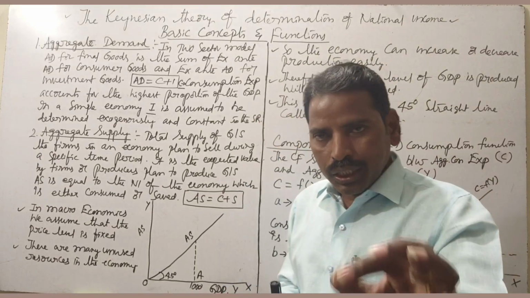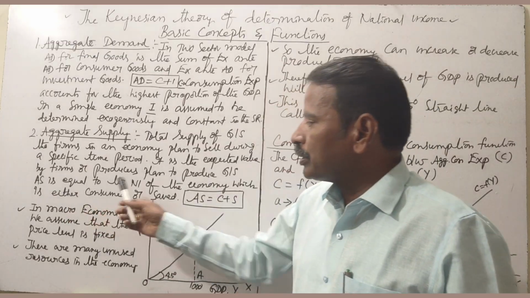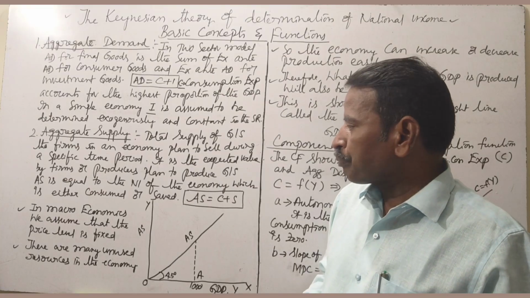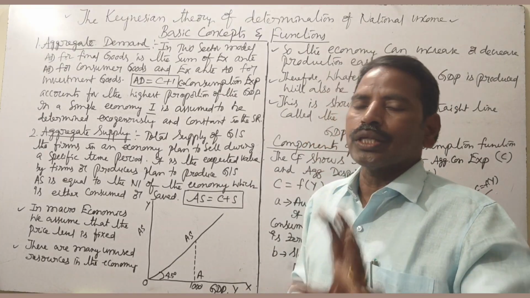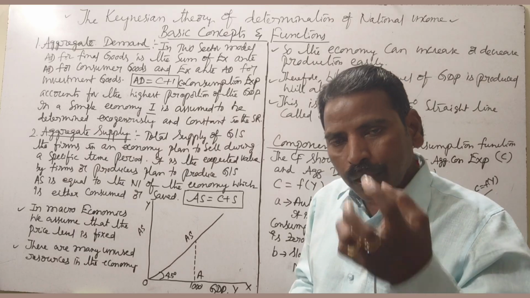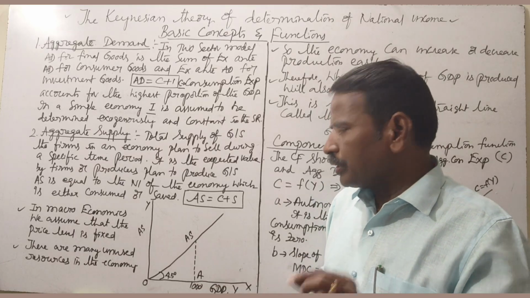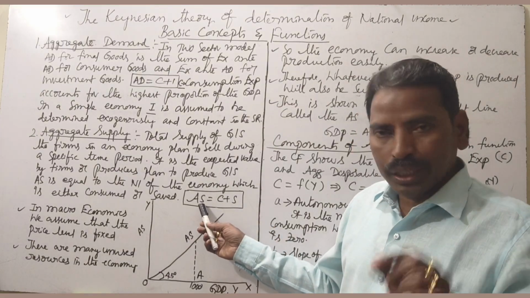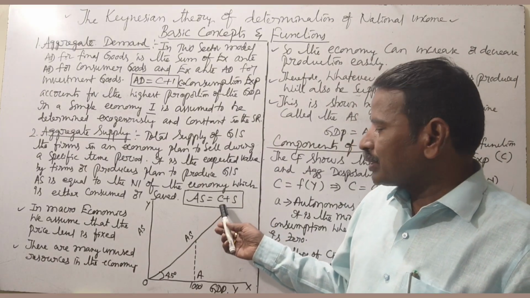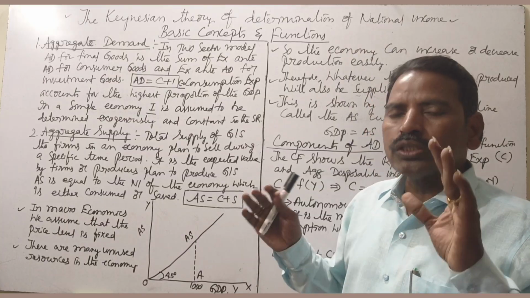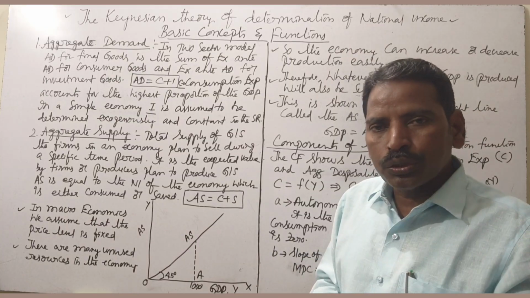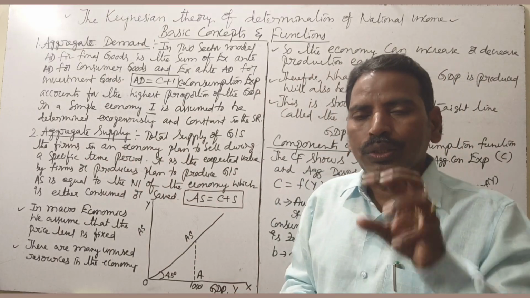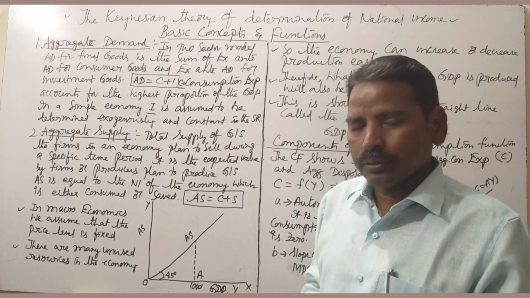So aggregate supply is equal to the national income of the economy, which is either consumed or saved. Therefore, AS is equal to C plus S, where C means consumption and S means savings. This is called aggregate supply.